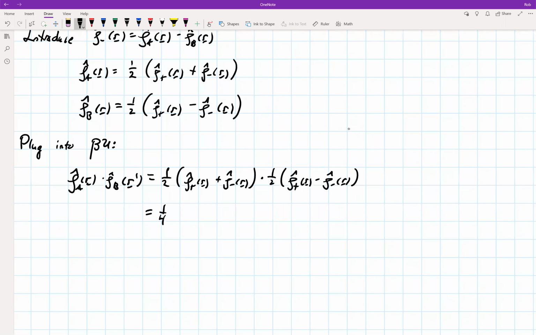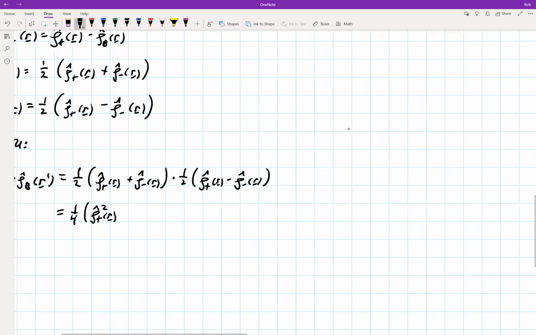And so we have 1/4 rho hat plus of r times rho hat plus of r prime, sorry, in this second term, I need to be clear that it should be r prime. And then we'll have minus rho hat minus of r times rho hat minus of r prime.